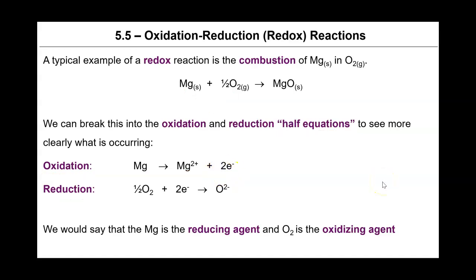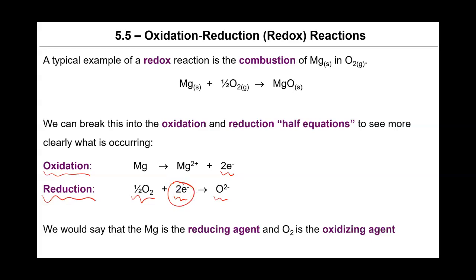In the reduction, half a unit of oxygen molecules gains 2 electrons to form a unit of oxide anions. We say that the magnesium underwent oxidation and that the oxygen underwent reduction because the magnesium lost electrons and the oxygen gained electrons.